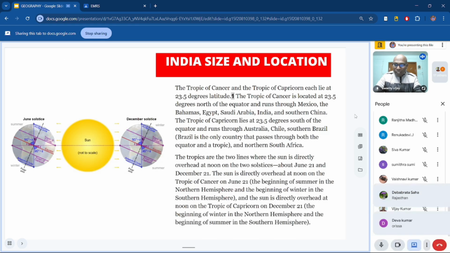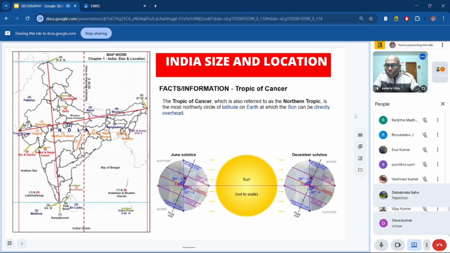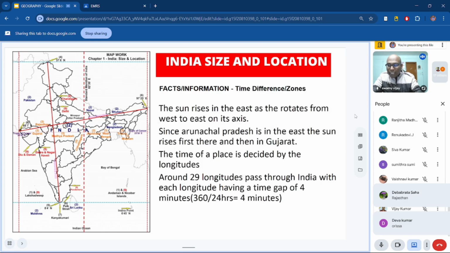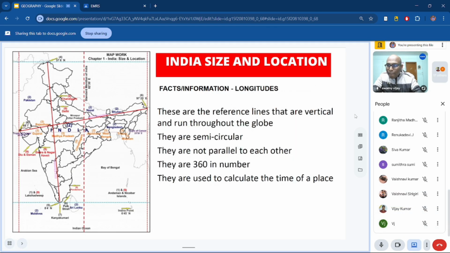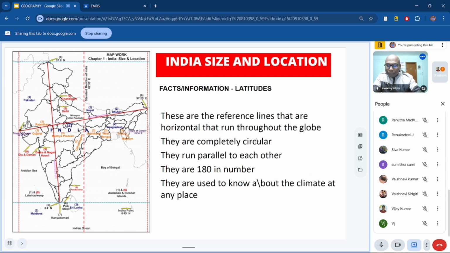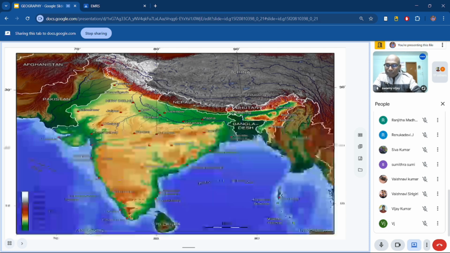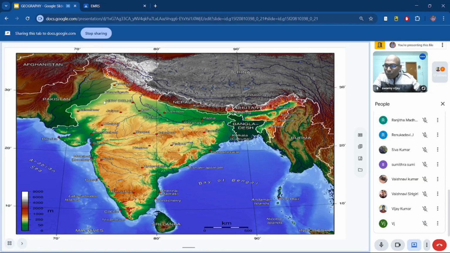Let us go back and see the picture. So Tropic of Cancer. Which picture? See here, Tropic of Cancer, this line. You can see 23.5 degree latitude.